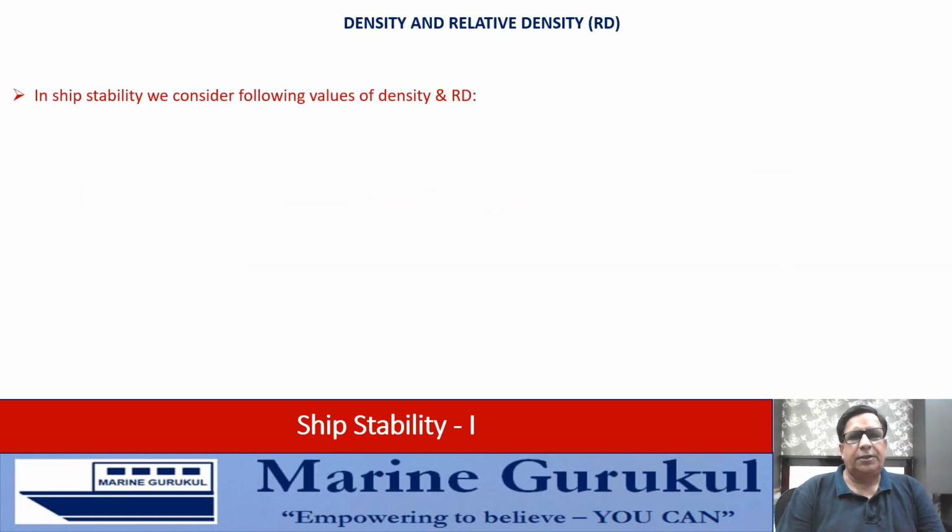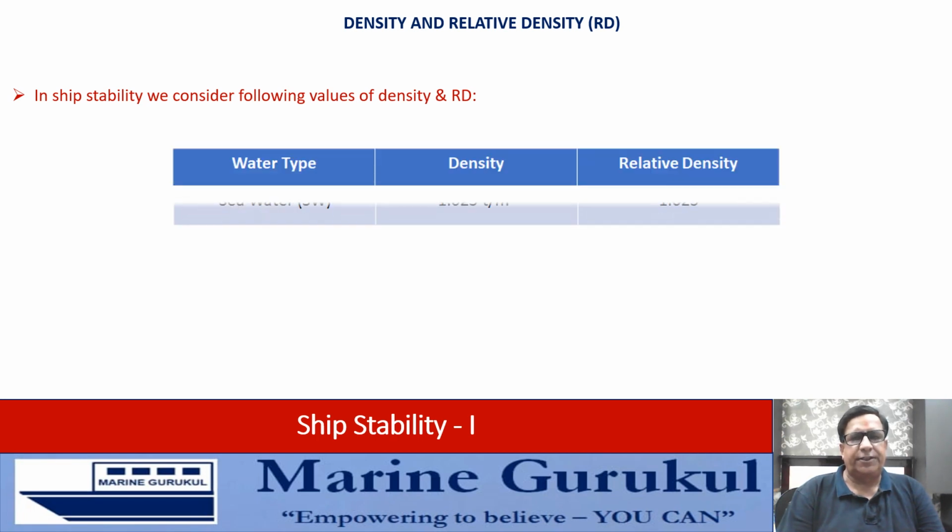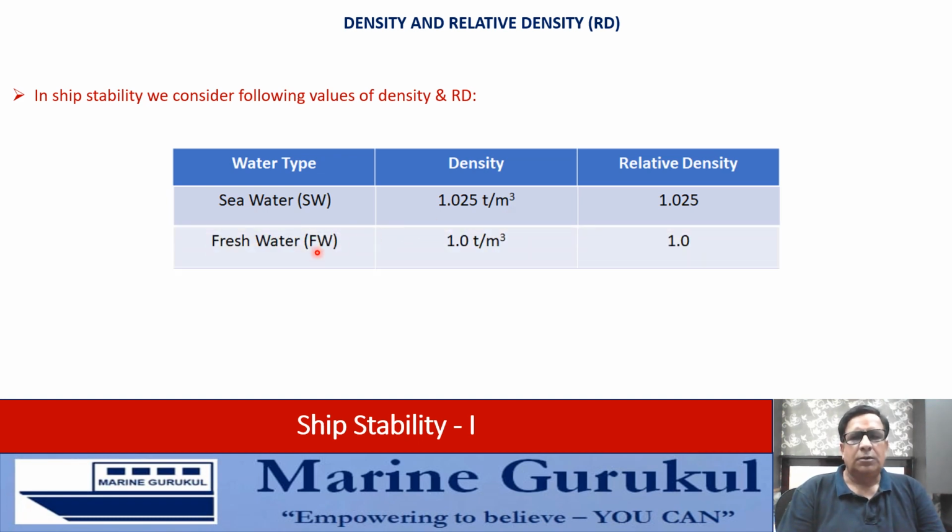In ship stability, we shall consider the following values of density and relative density. If seawater is given, its density shall be taken as 1.025 tons per cubic meter, and its relative density shall be 1.025. If the water in question is fresh water, its density shall be taken as 1 ton per cubic meter, and relative density would be 1.